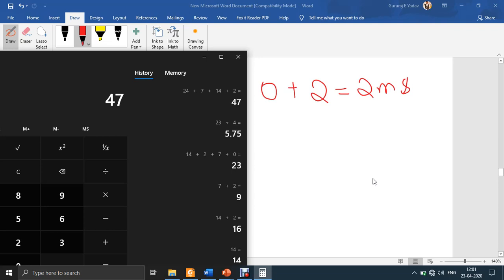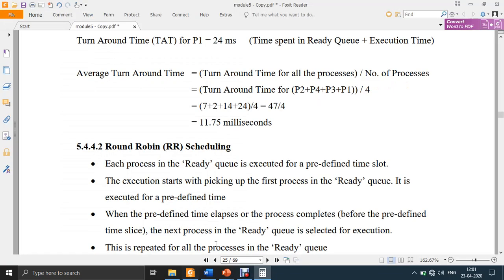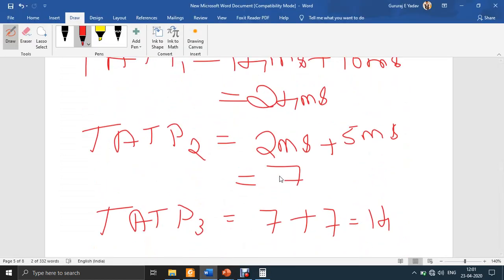So it is 47, and since we want the average, 47 by 4 because there are 4 processes, it is 11.75. Is it correct here? Yes, it is. Hope you got how to find this.